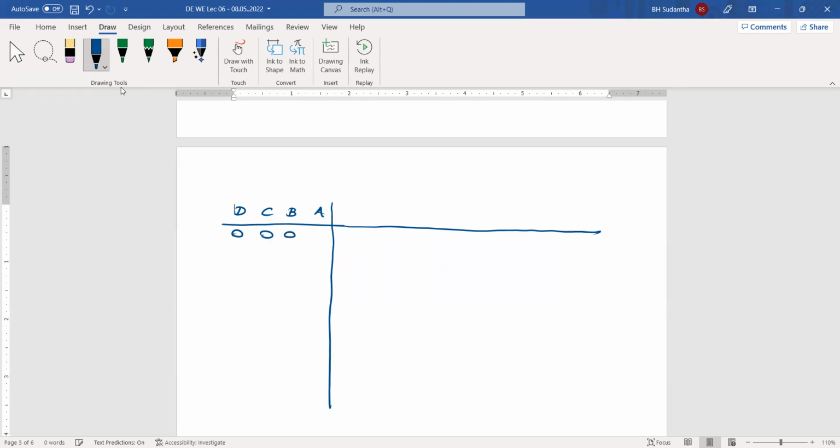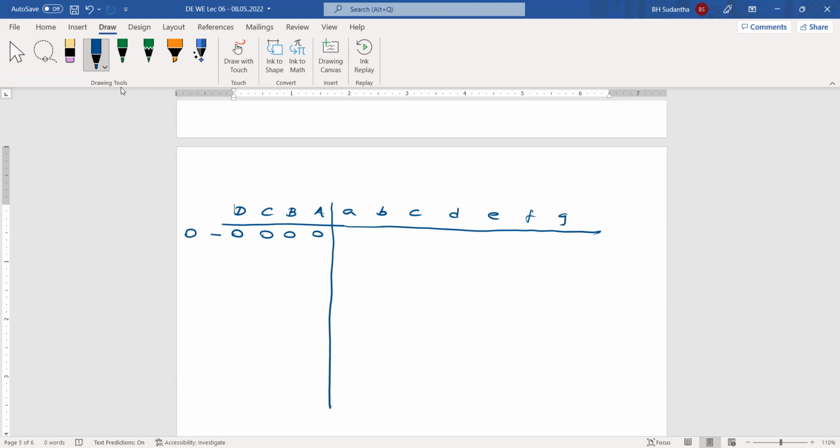Starting from 0, 0, 0, 0, we can go. And on the other side, we have the outputs A, B, C, D, E, F, G, the segments. For example, this is 0, 0, 0, 0, which means the number we want to show on the display is 0.